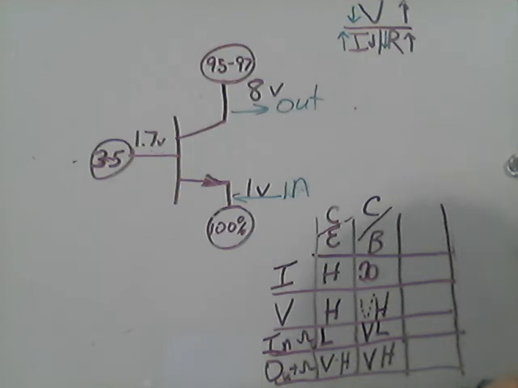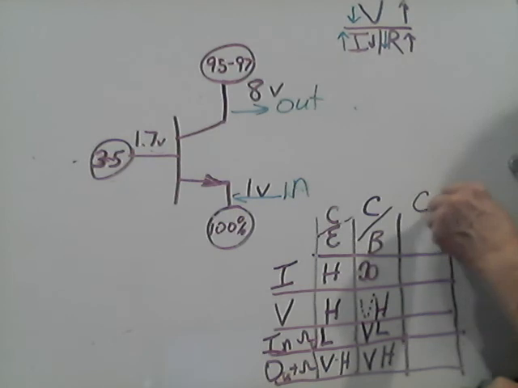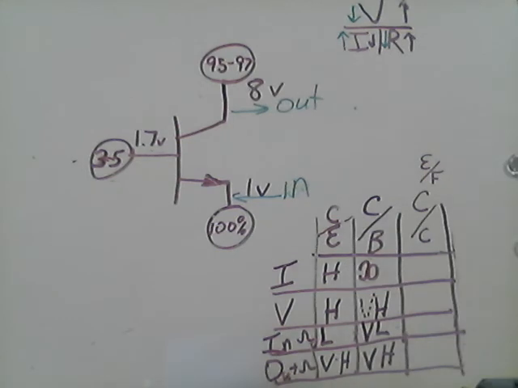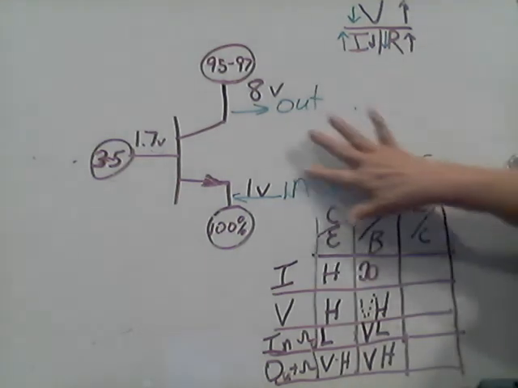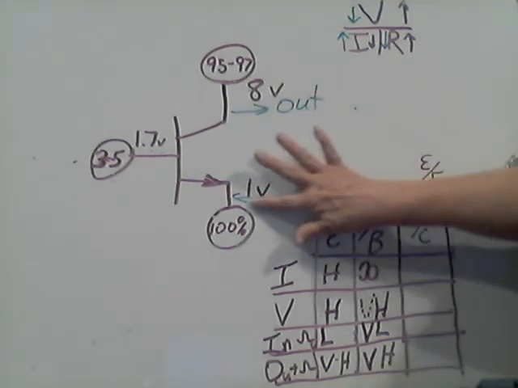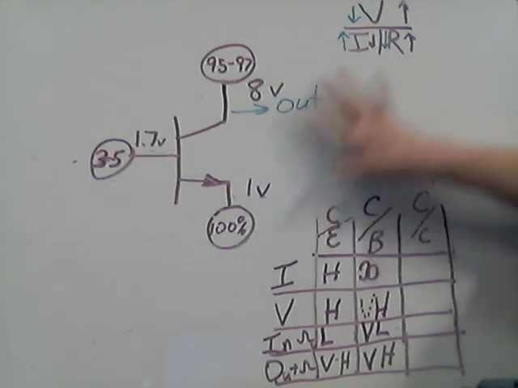Okay, let's look at the last configuration and look at its characteristics. And that's the common collector. It also can be called the emitter follower. All right, so if it's the common collector, which lead is common? You are correct, it is the collector.